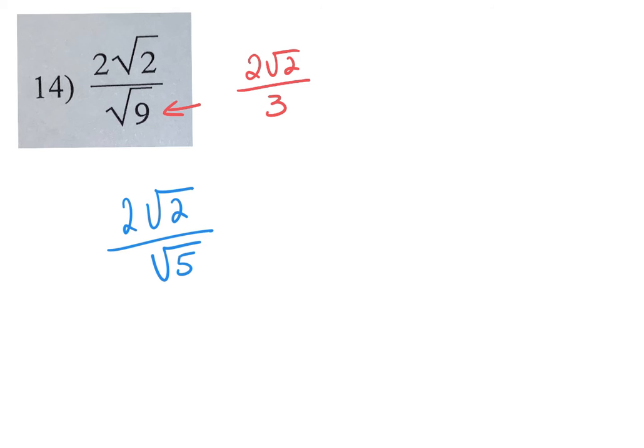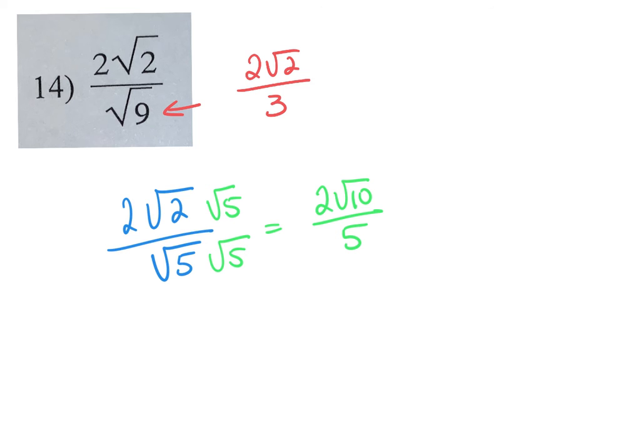So to simplify this guy, I have to multiply by square root of 5, which is going to be 2 square root of 10 over 5, okay? And now I'm done. I cannot reduce the 10 and the 5. Why not? One's inside and one is outside, okay? One is inside, one is outside. And so that's a problem.